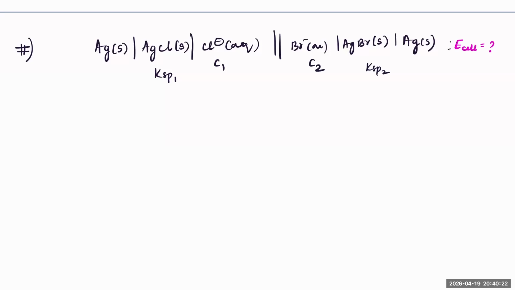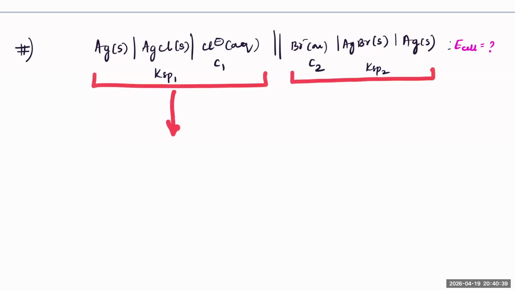See, every time you have these kind of cells, the easier method, I would suggest always use that easier method. You assume that this electrode, whatever the electrode which is sparingly soluble form, you can assume it like a normal ion electrode.